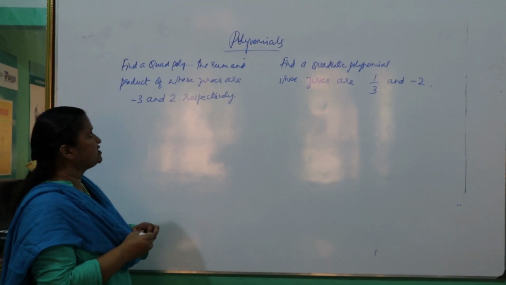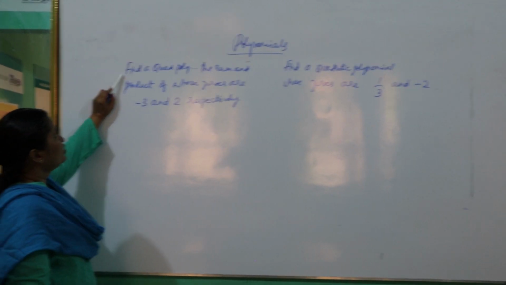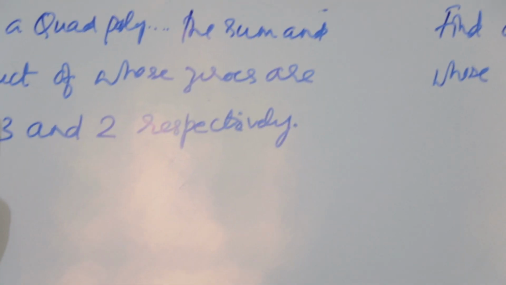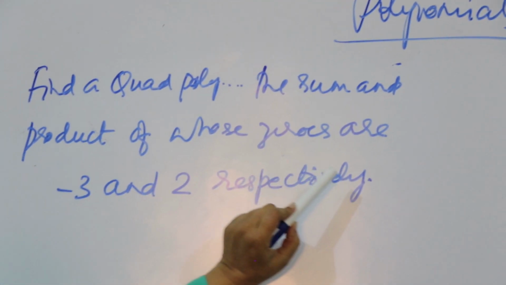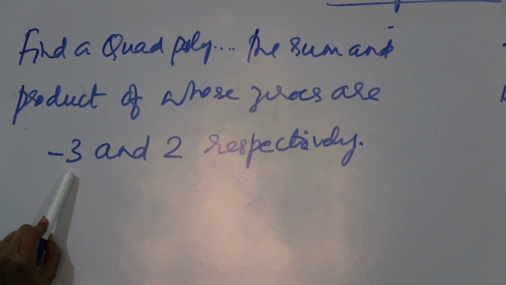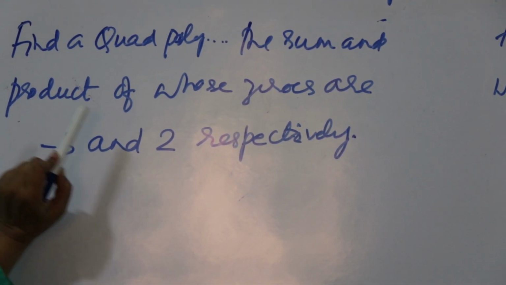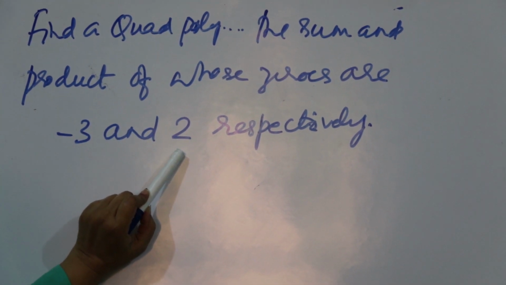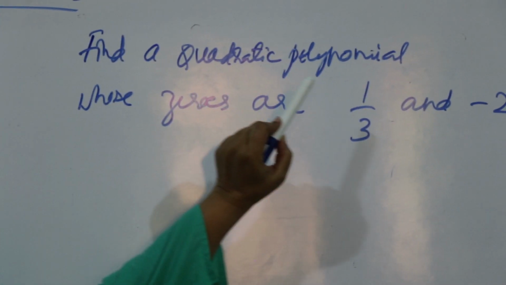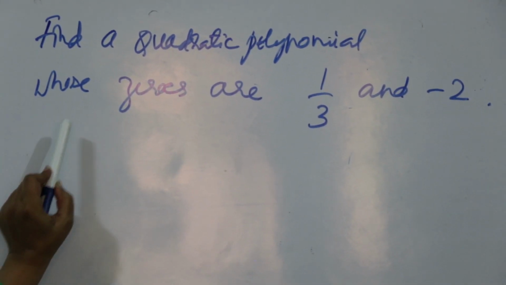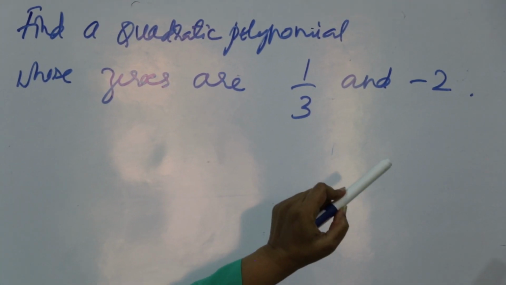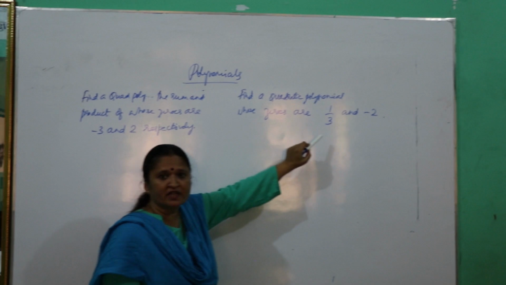Try to understand the question once again. Find the quadratic polynomial, the sum and the product of whose zeros are, means the sum of the zeros is -3 and the product of the zeros is 2. Here, find the quadratic polynomial whose zeros are 1/3 and -2. Right? Here zeros are given.